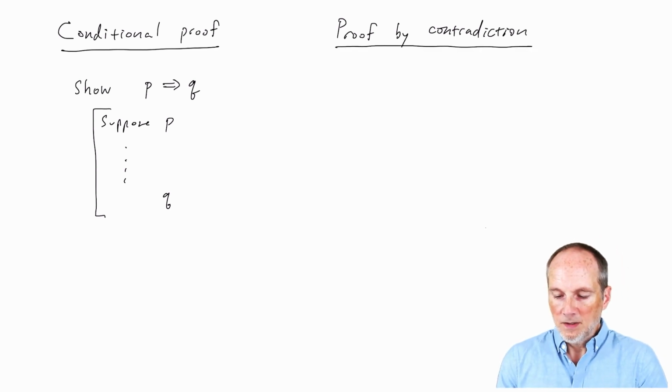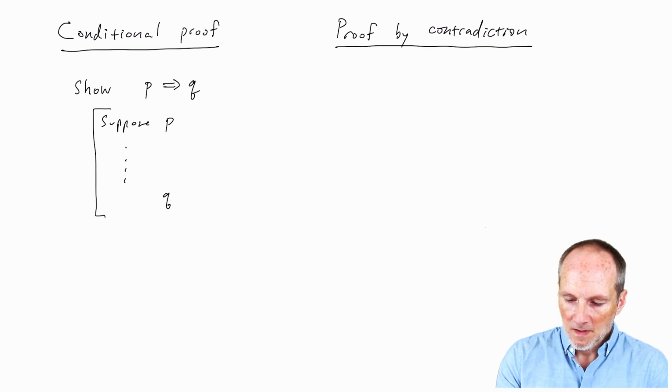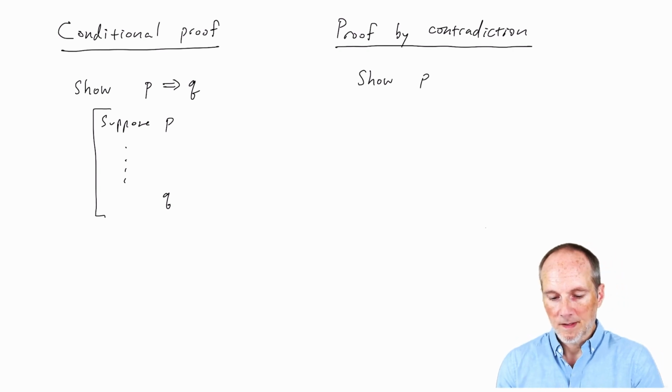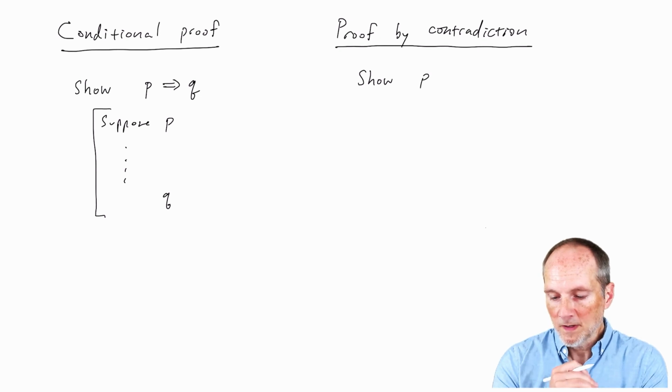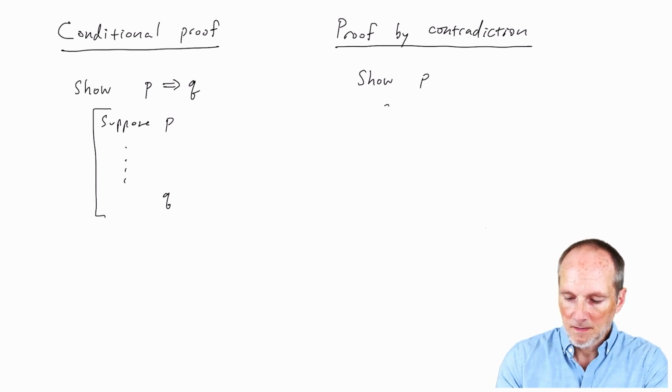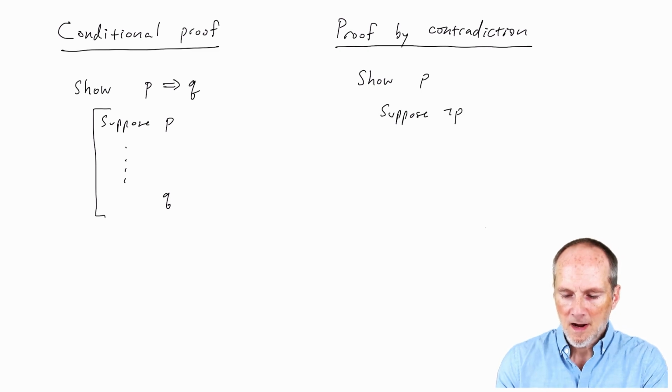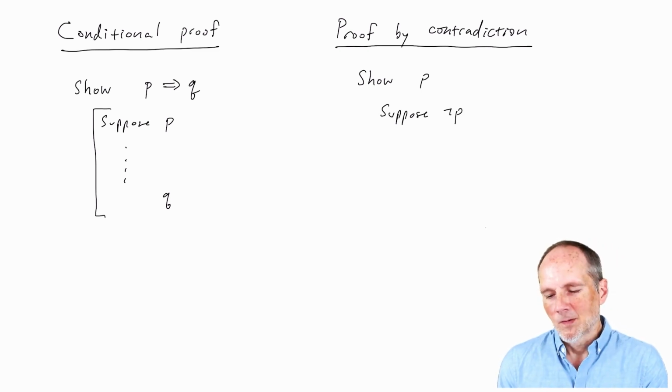Okay, so here's a case where we want to show some sentence, let's call it P. So what we're going to do then is, let's suppose not P. It's kind of weird, right?